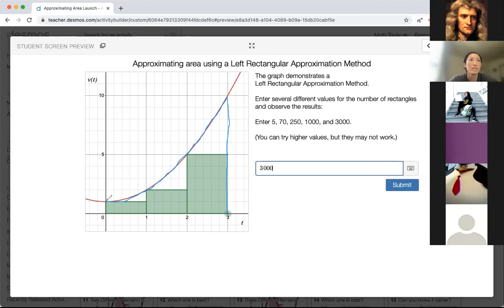Yeah, so this is the area in blue, right? This is the shape that I'm trying to find the area of. Do you think that if I only have 3 rectangles, will it be an over approximation or an under approximation? Okay, it would be under.